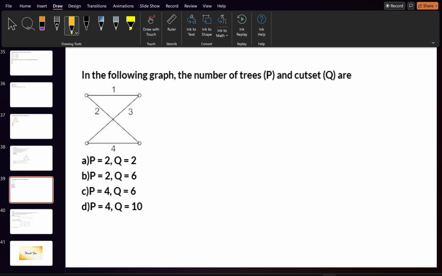Let me know the number of trees only. Cut set, I will give the solution. Okay. How many number of trees are possible?